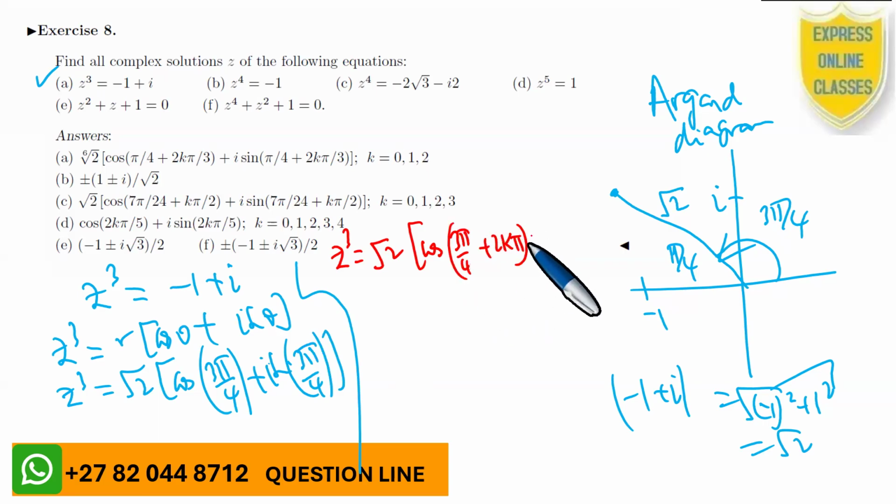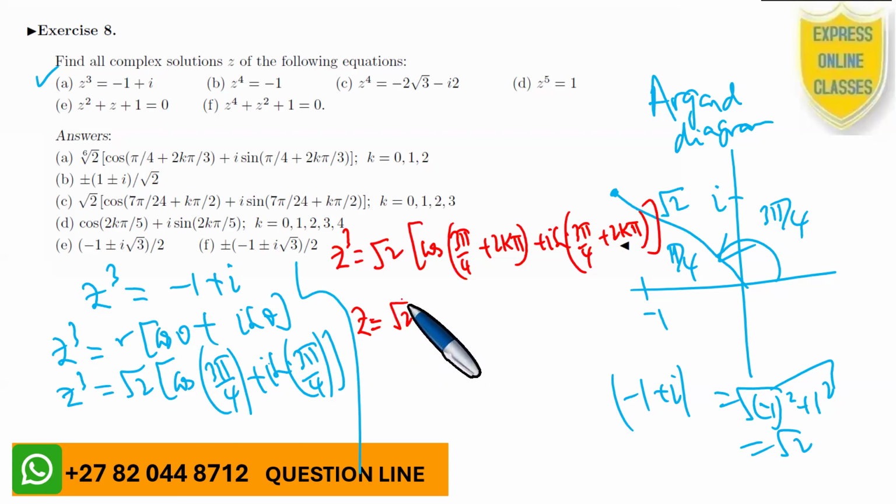The sine of 3 pi over 4 plus 2k pi. Then you have the z. And this is going to be this raised to 1/3.